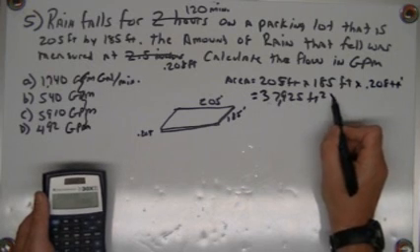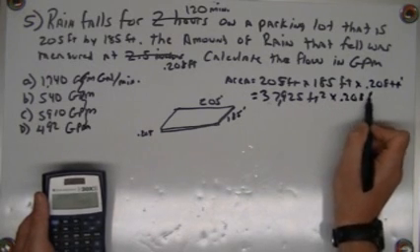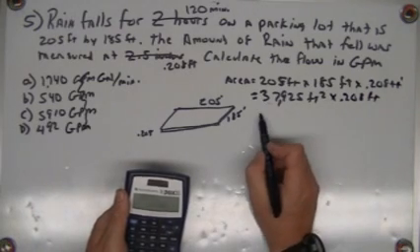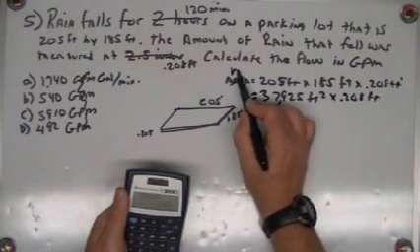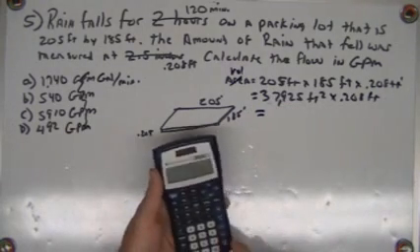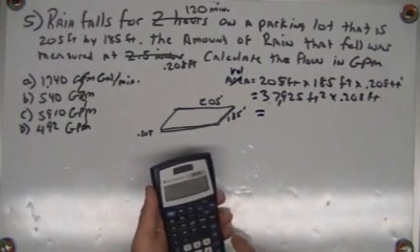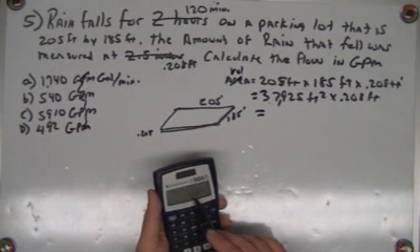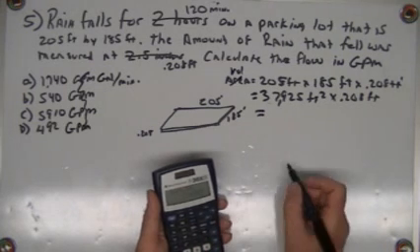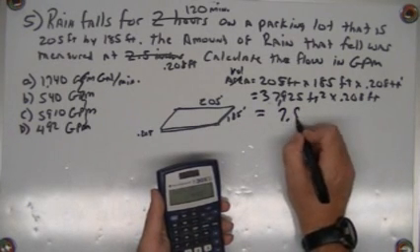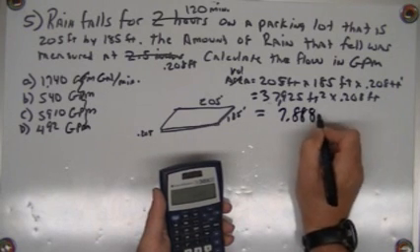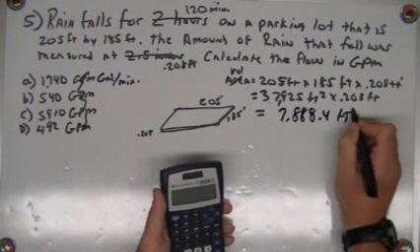I can come down here and go times 0.208 feet, and that'll give me square feet times 0.208 feet, and that'll give me the volume. So I'm going to go 37,925 times 0.208, and that's going to give me 7,888.4 feet cubed.